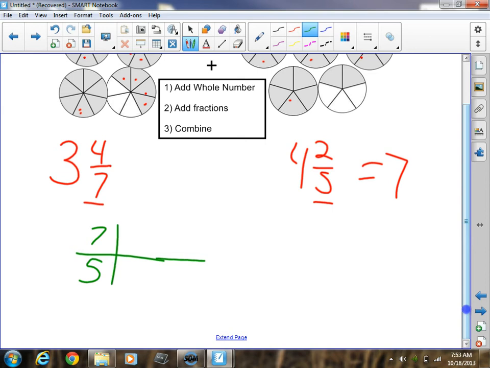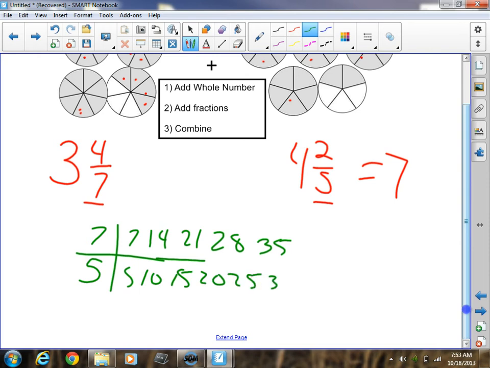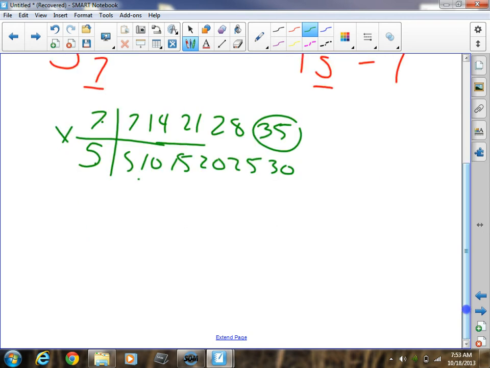So it's 7, 14, 21, 28, and then 35, and then 5, 10, 15, 20, 25, 30. I don't see 5 here, so let's go with 35, because 5 times 7 is 35. So 35 is going to be my common denominator.